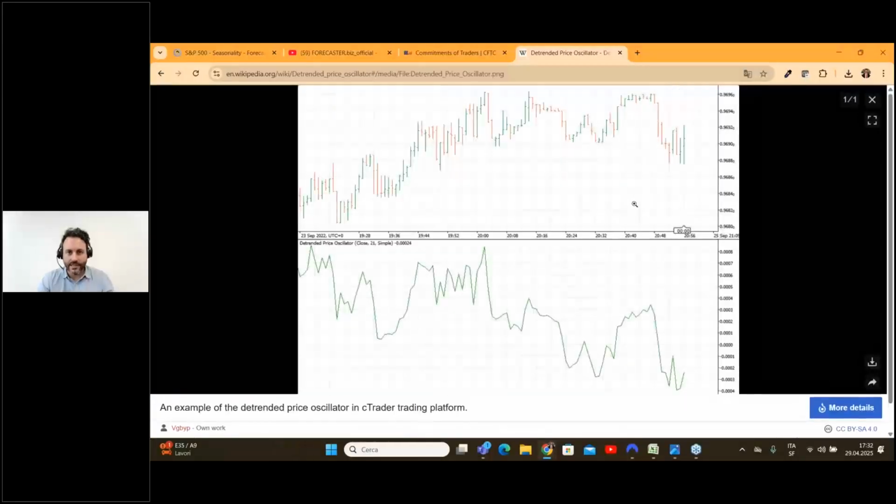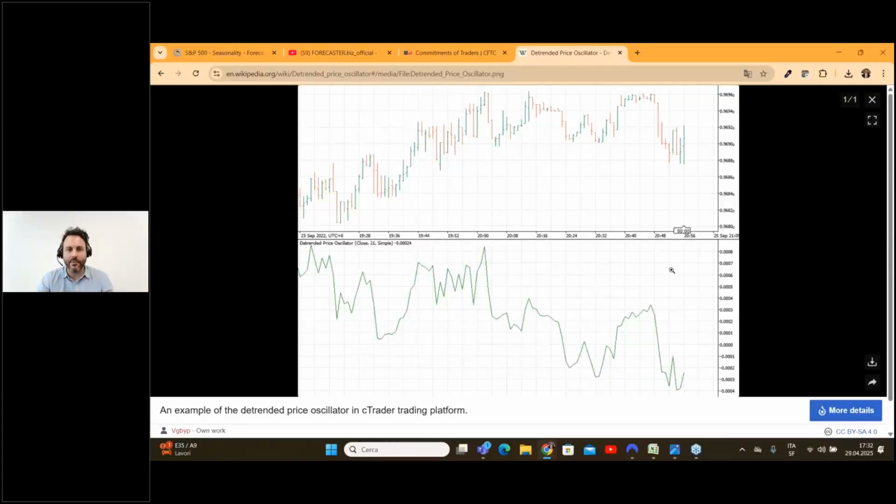For example, here you have an example of a chart, and here below you can find the trended version of this chart.